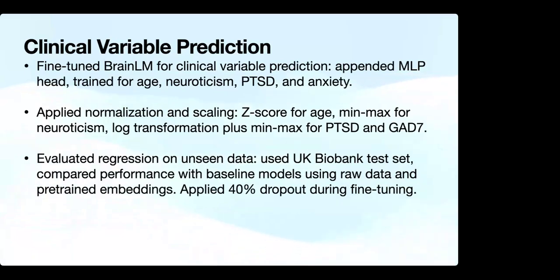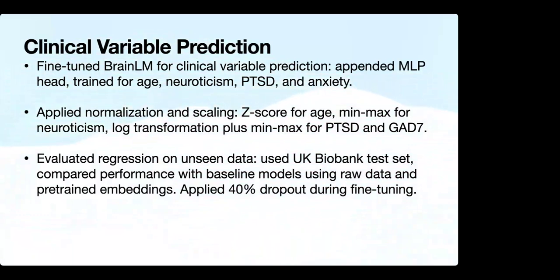So yes, they also had this clinical data as well. They fine-tuned their model for clinical variable prediction. How this worked is they appended an MLP head, and they trained for age, neuroticism score, PTSD, and anxiety.